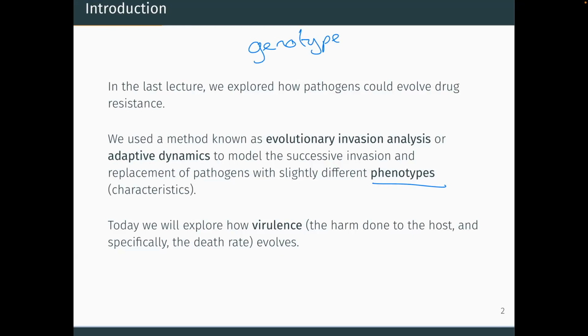So I've called this characteristics here. You can think of this as being traits as well. So, for example, level of drug resistance is a phenotype. Or virulence, as we'll be doing in this lecture today. Also, things like your eye color is a phenotype, your hair color is a phenotype.